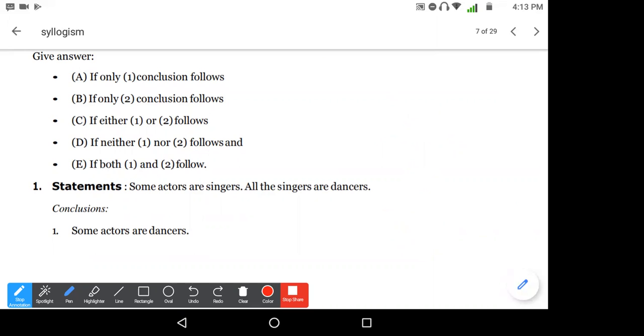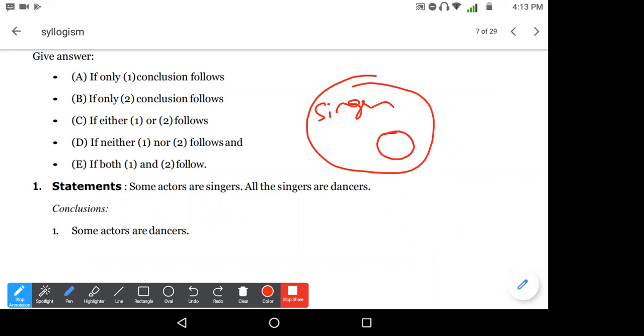Some actors are singers. So singers is a bigger circle. Okay, this is singers. And if you see here, some are actors. Some actors will act also, they will sing also. Okay, and then all the singers are dancers.